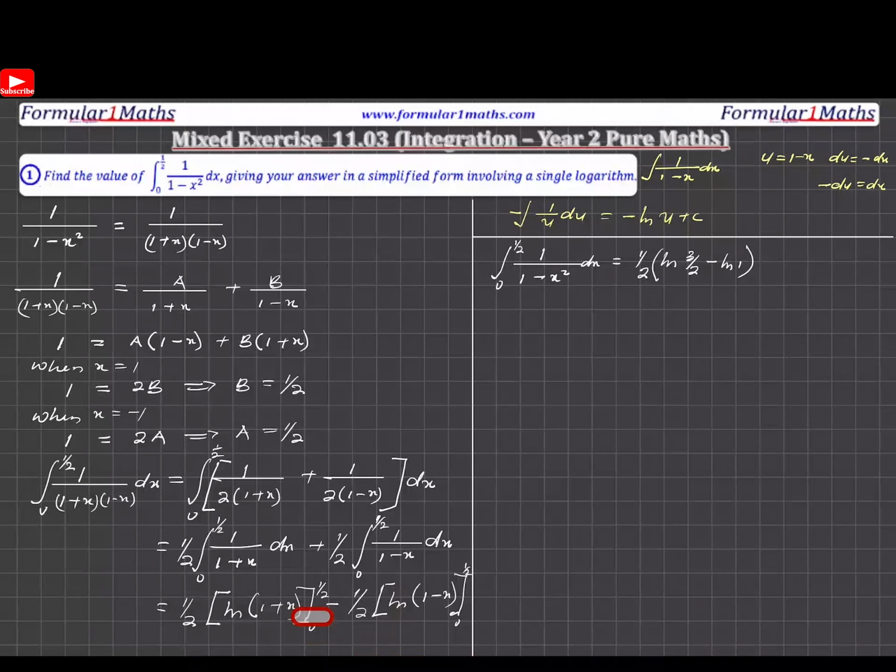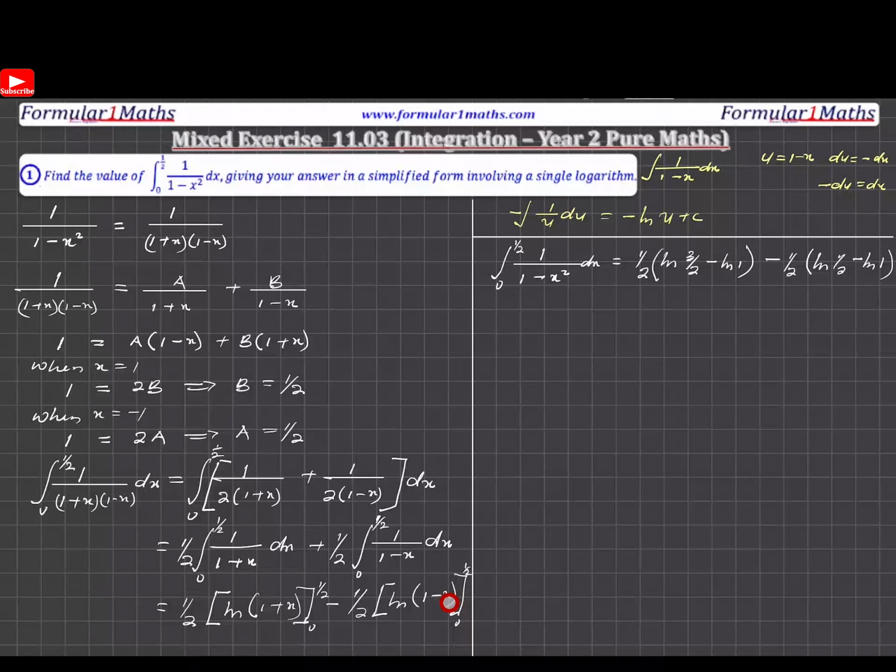So I've just substituted the half and 0 here, minus half bracket ln half minus ln 1. Because if I put half in here, I get 1/2, and I put 0 in there, I get 1.